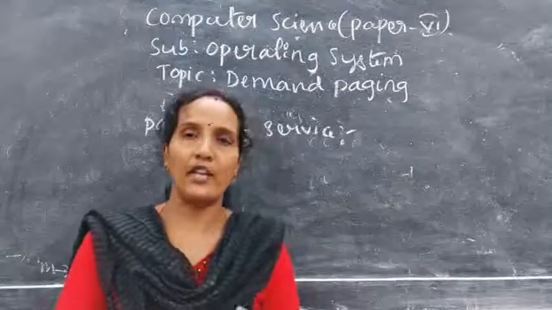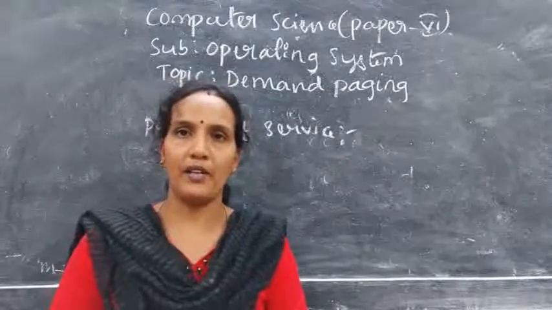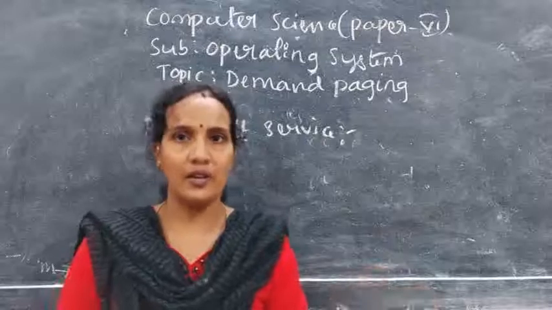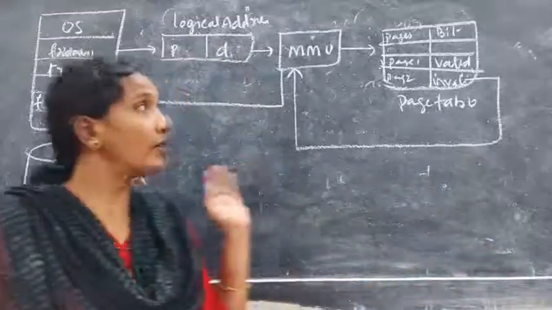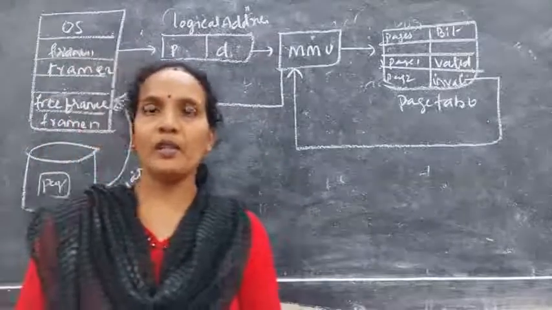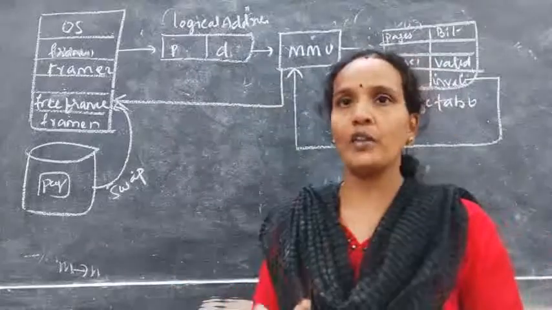Next, what is a page fault service? This is about demand paging and page fault services. Here we have one diagram. Using this diagram, you can explain the working of demand paging.